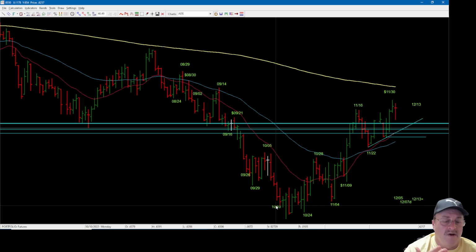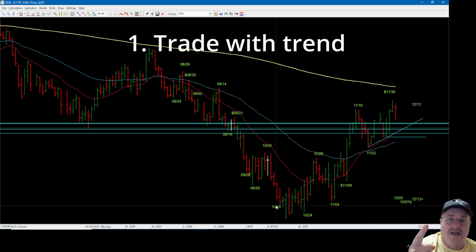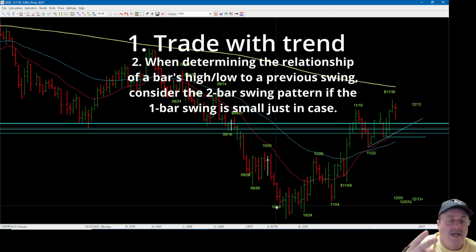So what are the things that we learn right here? One, we're going to trade with the trend. That means lower swing tops or higher swing bottoms. Two, that if you exceed a previous swing on the 1 bar swing, look at the 2 bar swing.